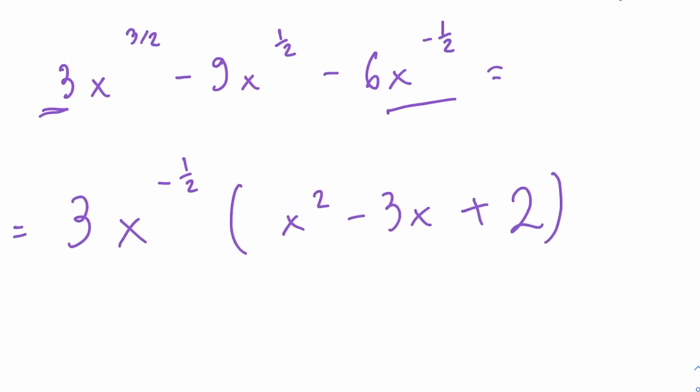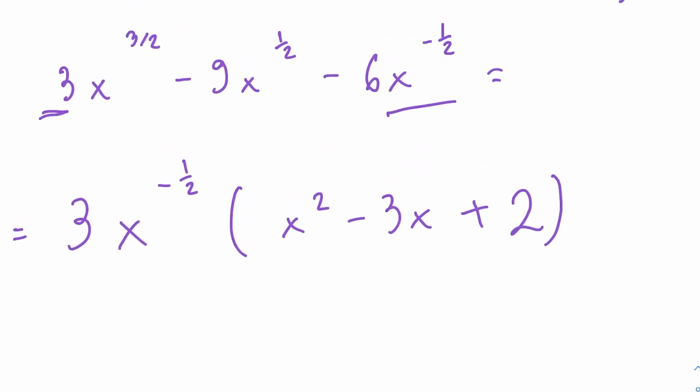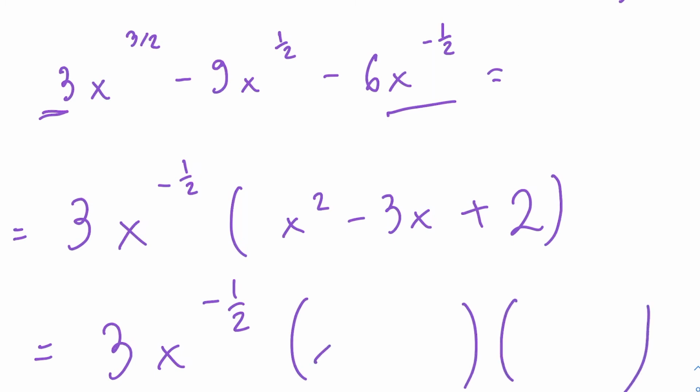Now we know how to factor x squared minus 3x plus 2 because that will be simply two polynomials in parentheses. So that will be x minus something and x minus something. The reason I know that is because the middle sign is negative and the last sign is positive, so they'll both be negative, because negative times negative is positive.